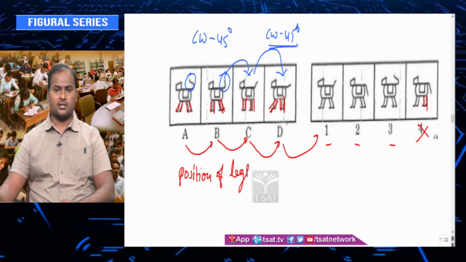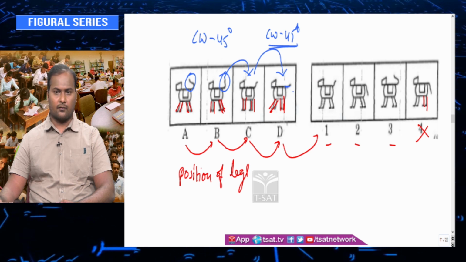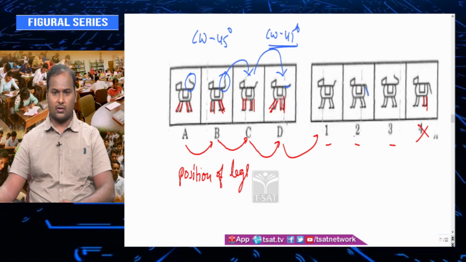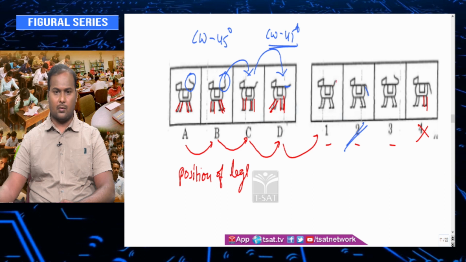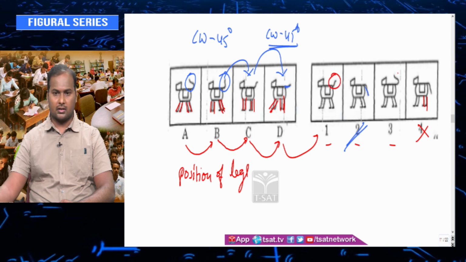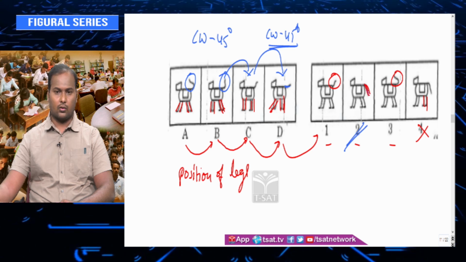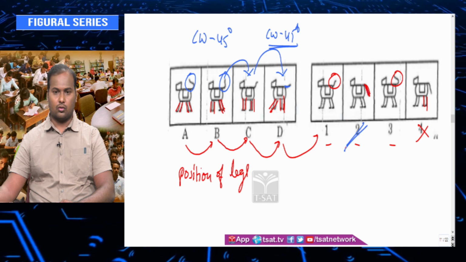And you apply this change and get the answer. Now the tail position is straight. If it rotates 45 degrees clockwise, the position will become down. So your answer is the second option, because in option 1 and option 3, the tail is up. They are not rotating actually. In case of option 2, you can see the rotation from figure D to get the answer.